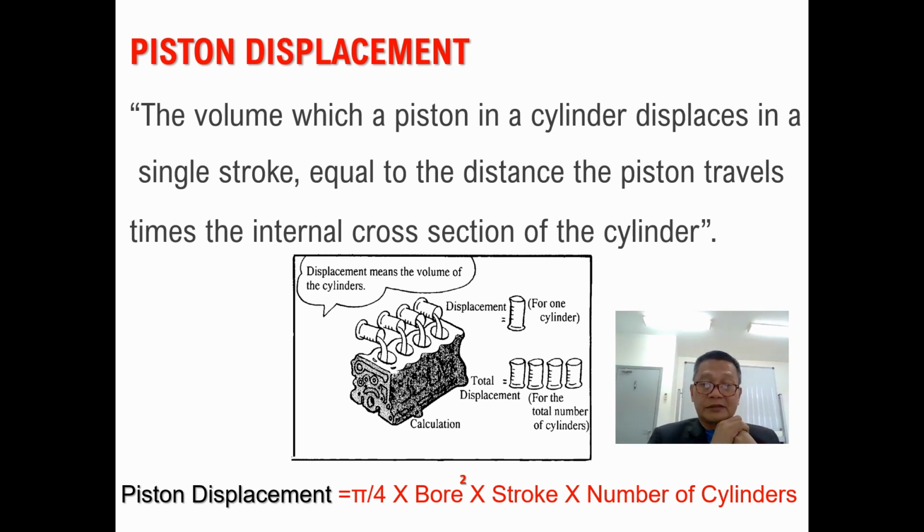Every movement of the piston from bottom dead center to top dead center is what we call a stroke. The formula is equal to the distance the piston travels times the internal cross section of the cylinder.